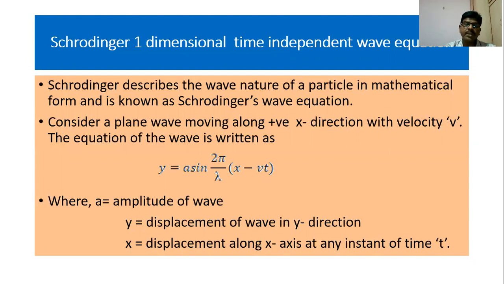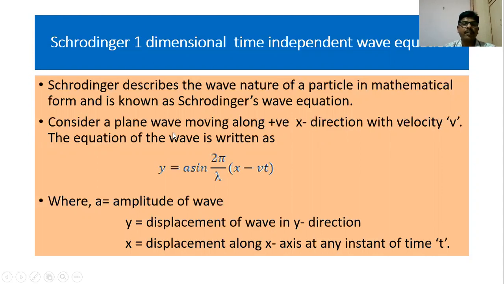And it was the Davisson and Germer experiment which gave evidence that matter particles behave like waves. Now, Schrodinger describes the wave nature of a particle in mathematical form, and it is known as Schrodinger's wave equation.